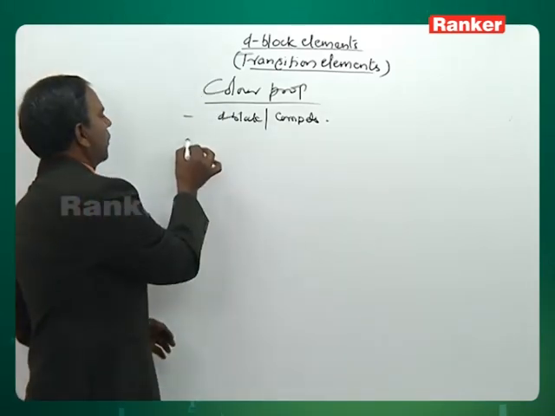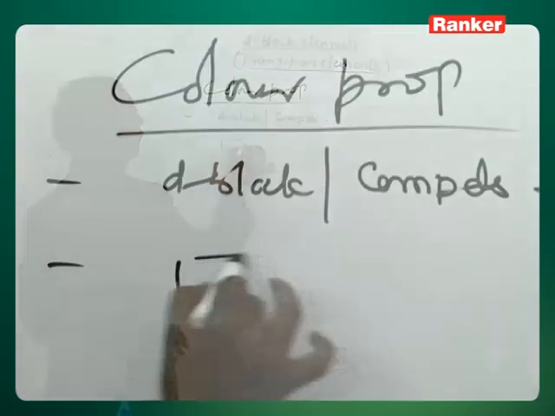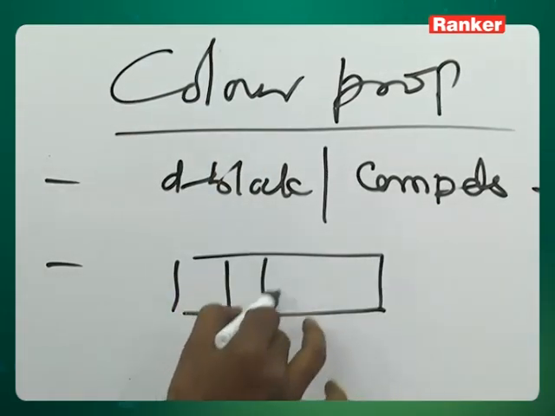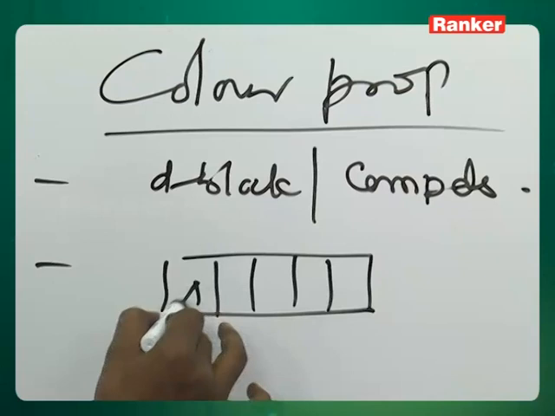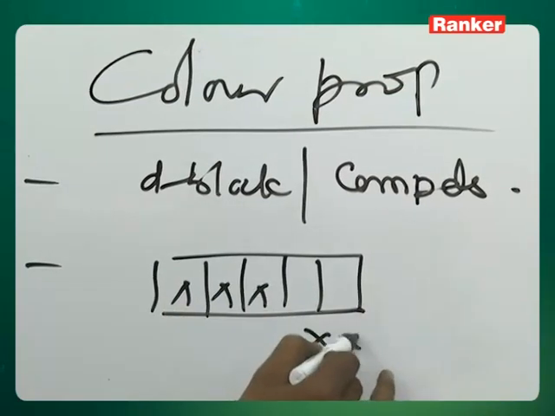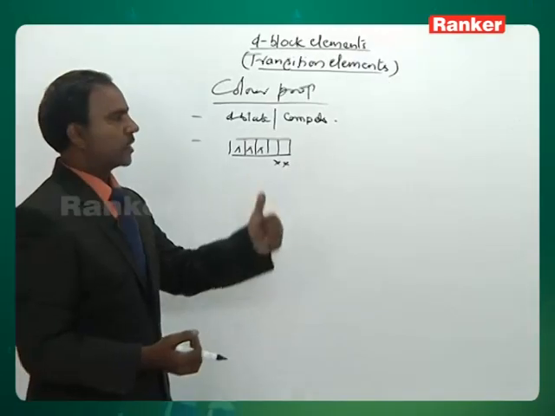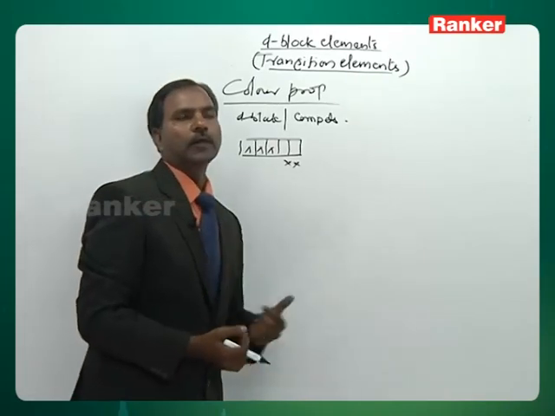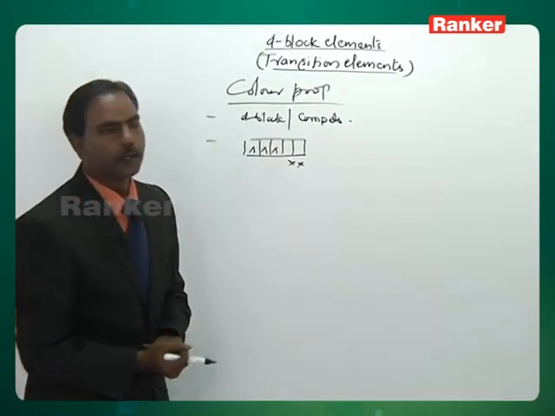It is due to the presence of unpaired electrons in d orbitals or incompletely filled d orbitals.